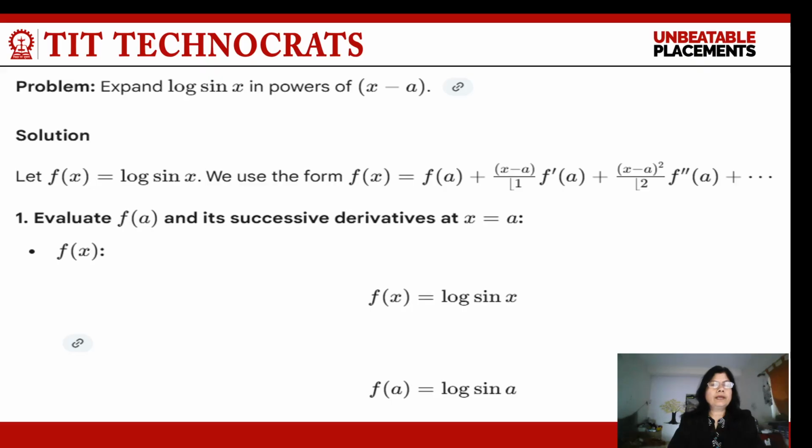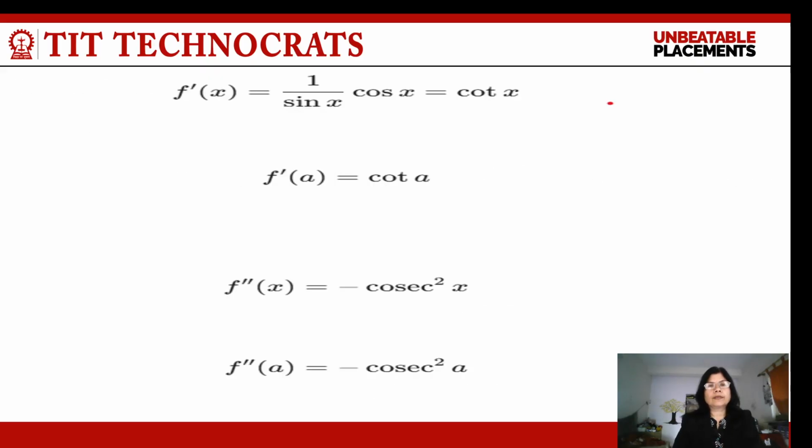Now evaluate f of a and its successive derivatives at x is equal to a. Now we are given f of x is equal to log sin x. Differentiation of log sin x is 1 by sin x into cos x, and at a, f of a is equal to log sin a. f dash x is equal to cos x upon sin x, that is cot x.